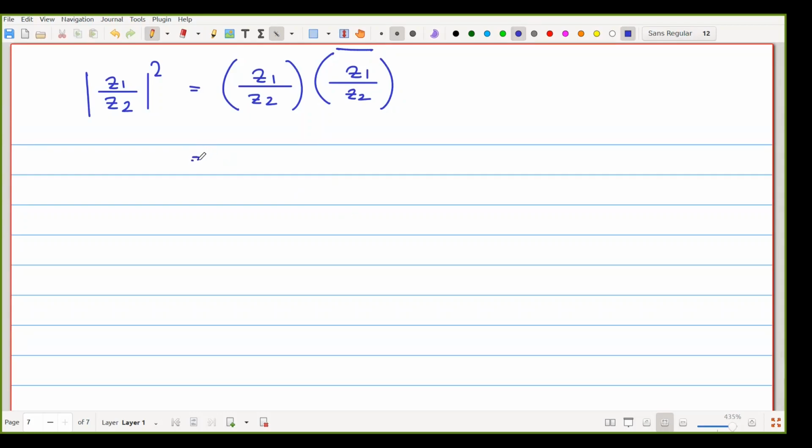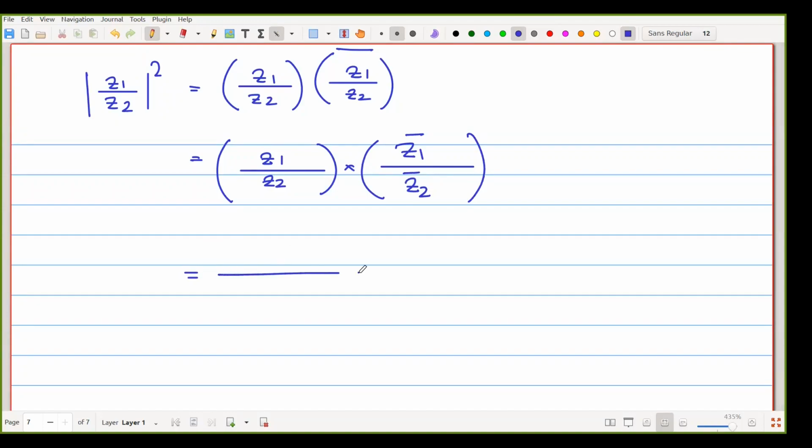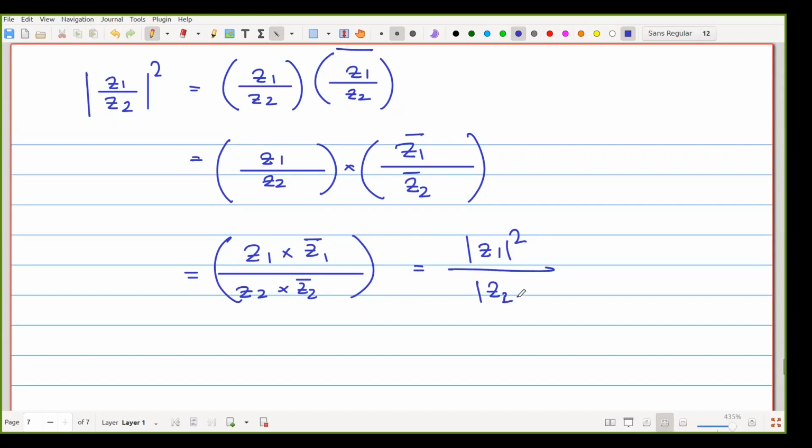Then we have a different way: z1 by z2 into z1 conjugate by z2 conjugate. Then z1 into z1 conjugate, z2 into z2 conjugate, or we can write the numerator as modulus of z1 whole square, denominator as modulus of z2 whole square. So from here we can say modulus of z1 by z2 is also equal to modulus of z1 by modulus of z2.